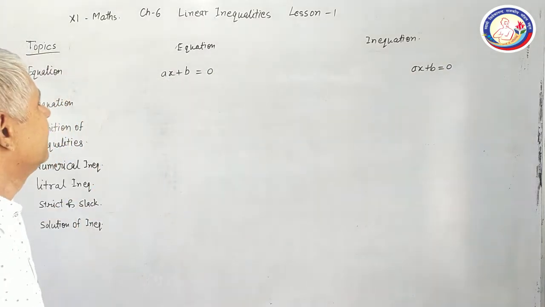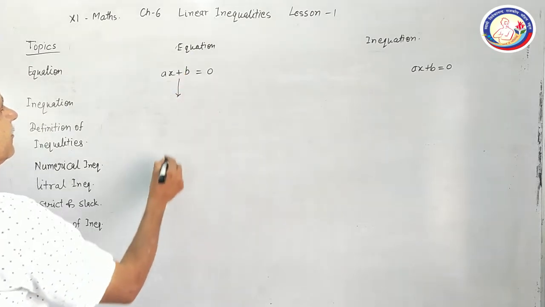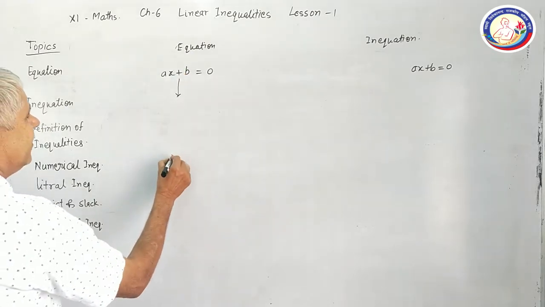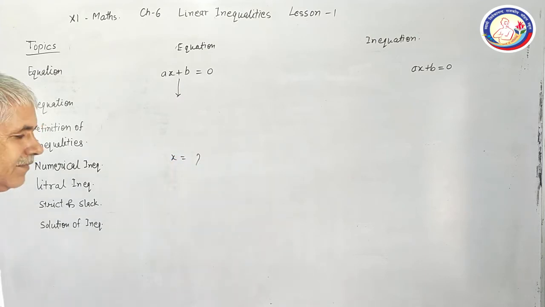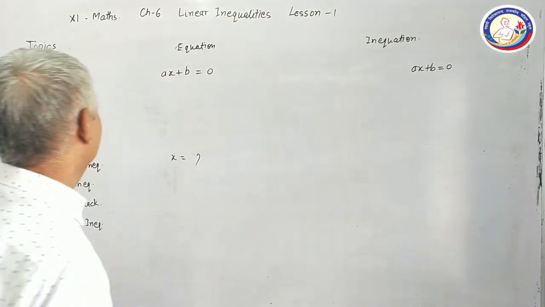How can we solve this? Our purpose is to change this equation into the form x equals something, without violating the rules of fundamental mathematics.